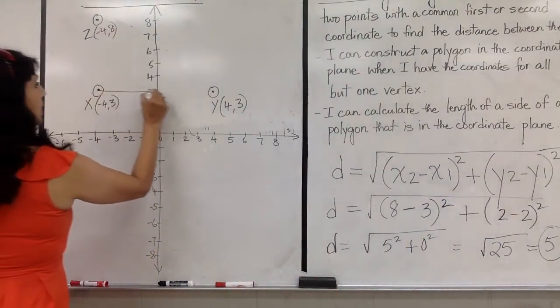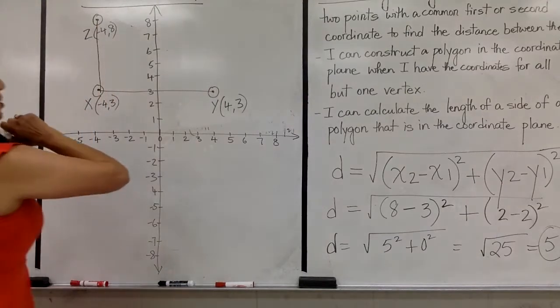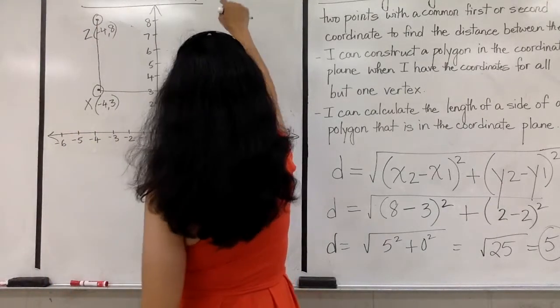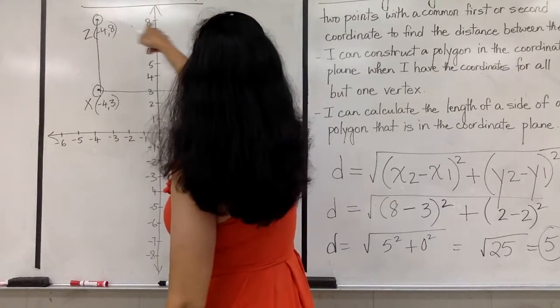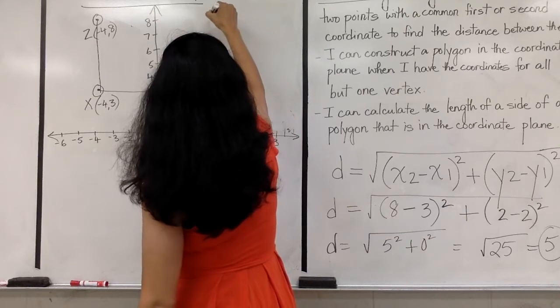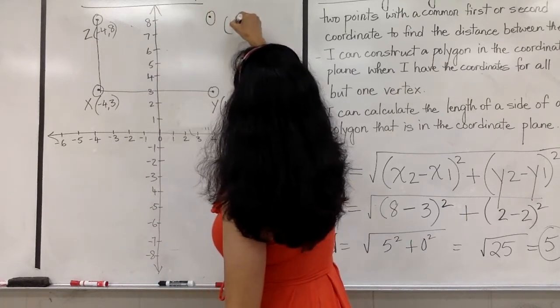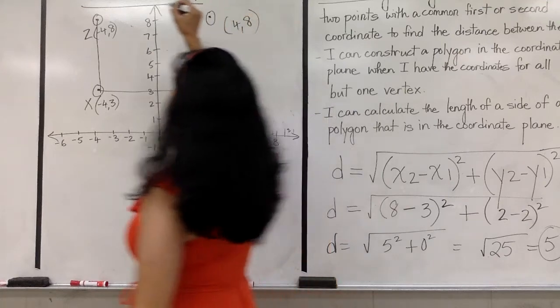So I know that this is going like this, and for me to make the rectangle, I have to go up to the 8. So in order for it to be a rectangle, this is going to be 4, and I go up here. So my missing value is going to be 4, 8.